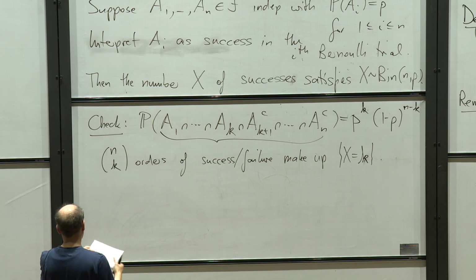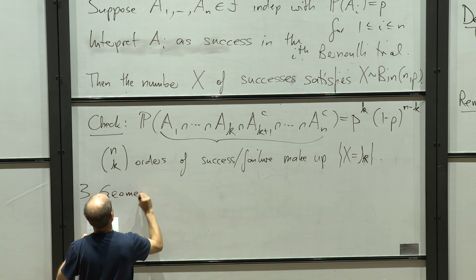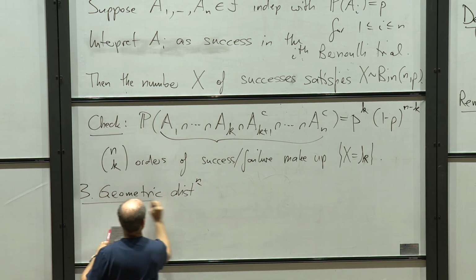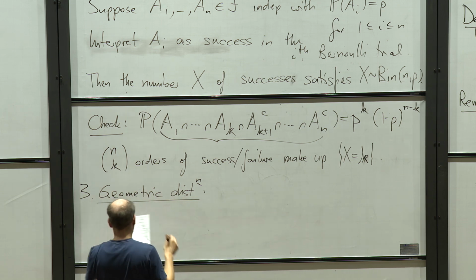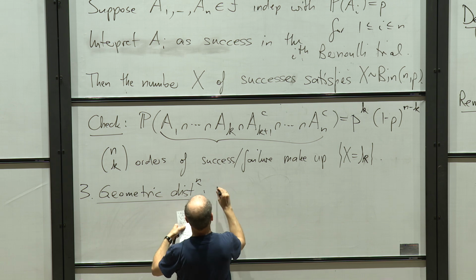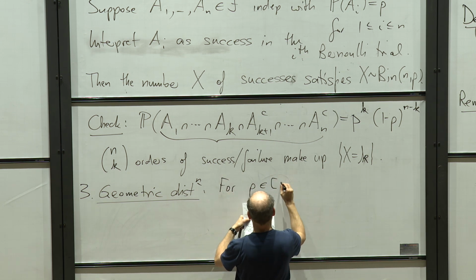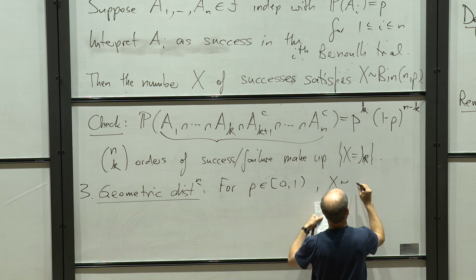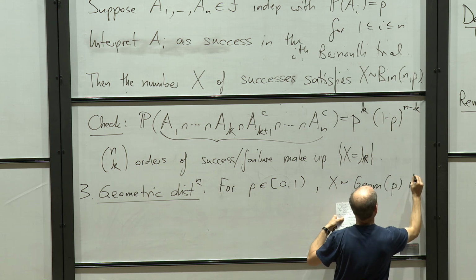So here's another, the geometric distribution. The geometric distribution arises similarly. Now we have a whole sequence of Bernoulli trials, but let's first write down what we mean by x twiddles geom of p.